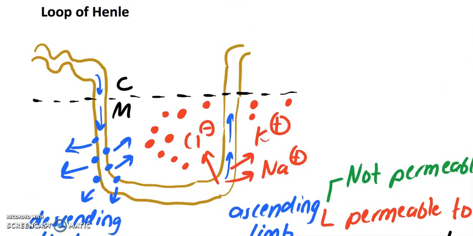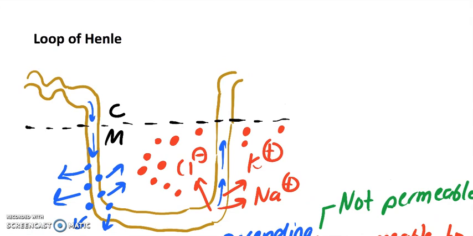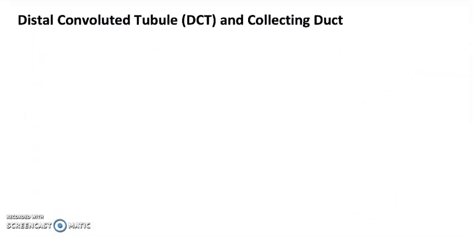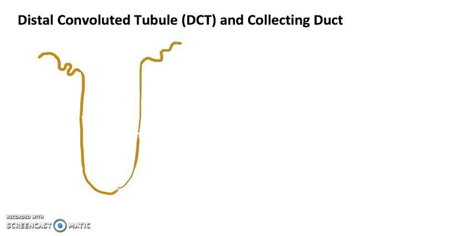Okay, now we're back into the cortex and onto the next squiggly structure. So again, here is the proximal tubule first. Proximal squiggly dips down into the medulla. We come back up. Now we have a second squiggly.